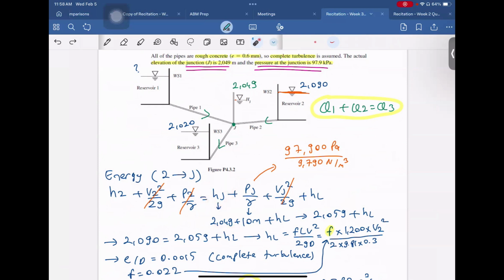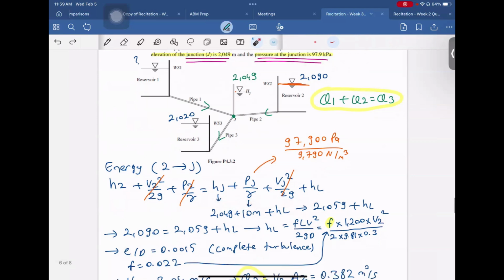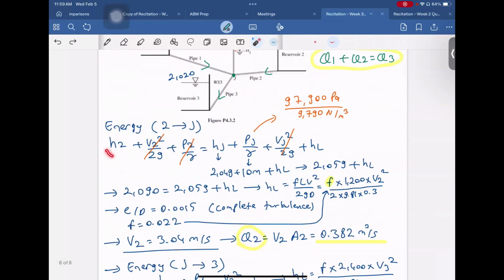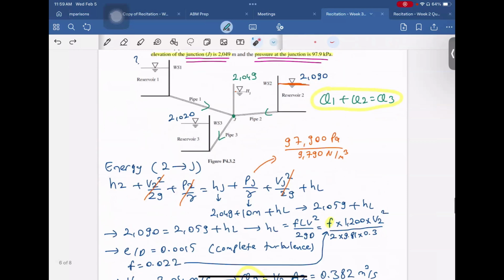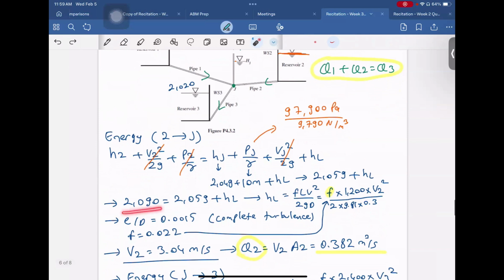And the pressure head is calculated as 10 meters because the pressure was given. And since we are going from point 2 to J, we have head loss on the right-hand side. And then we had the elevation of water surface 2, which is 2090. And the only unknowns were head loss and actually the friction factor and velocity.